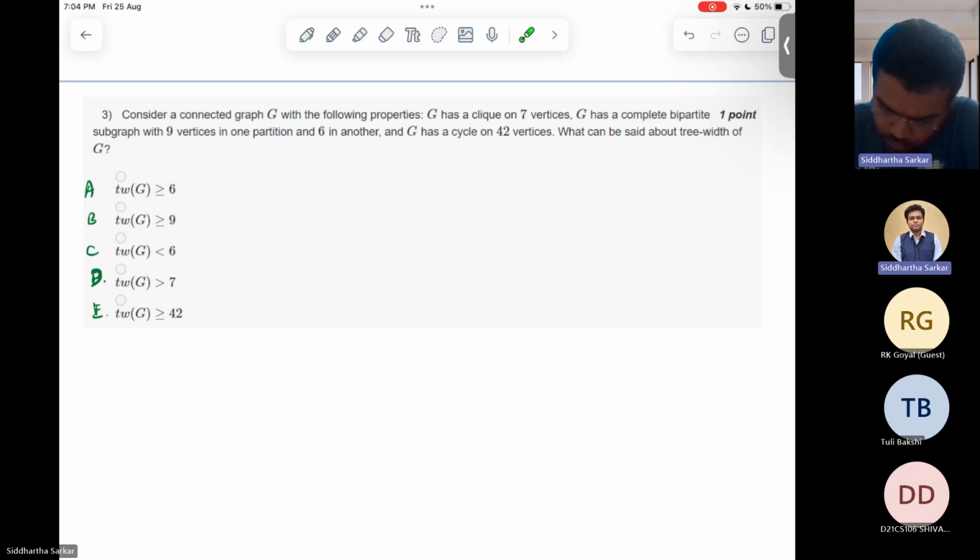So what does the first attribute say? The graph has a clique on 7 vertices.